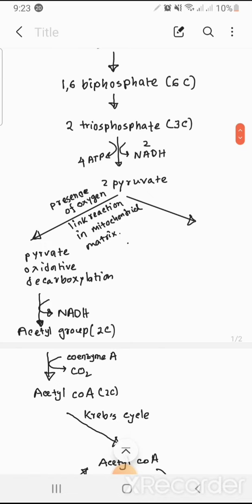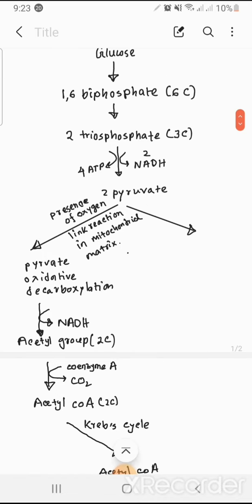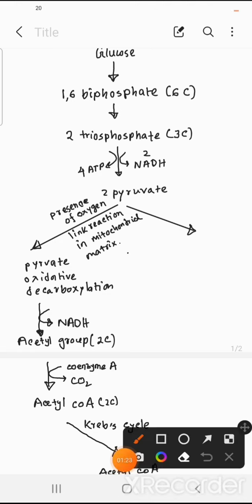Now in this process, when they produce the pyruvate, the triose phosphate loses its phosphate, and these phosphates are utilized to make ATP from ADP.